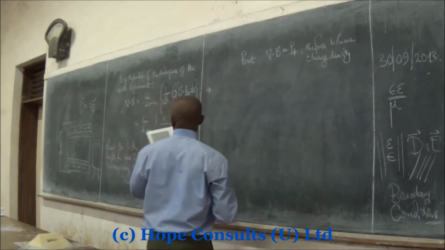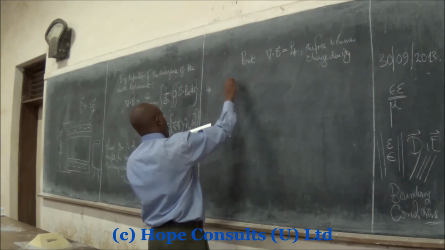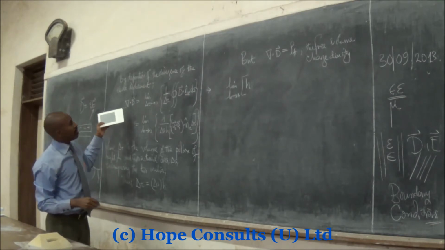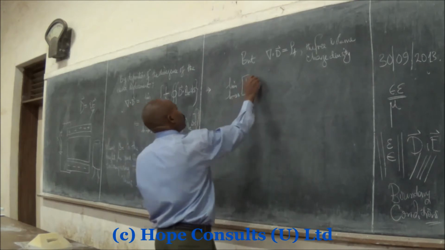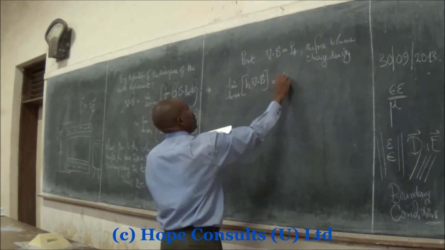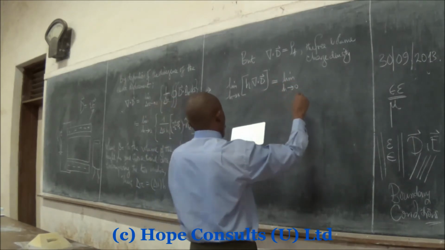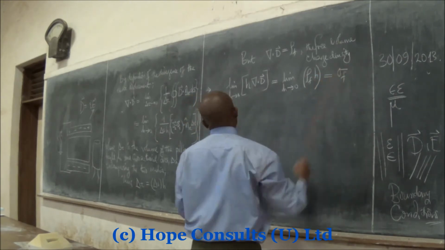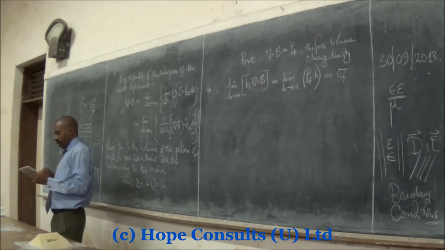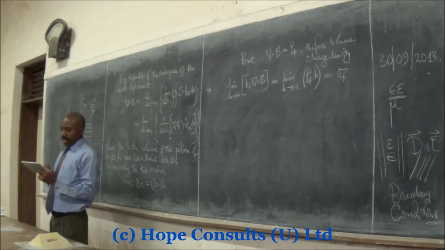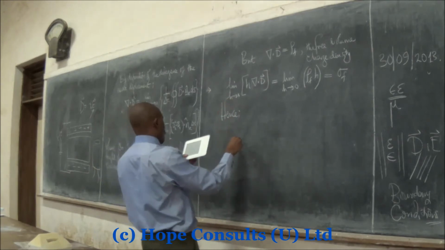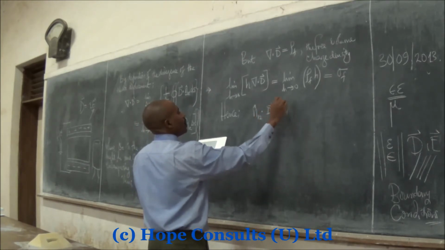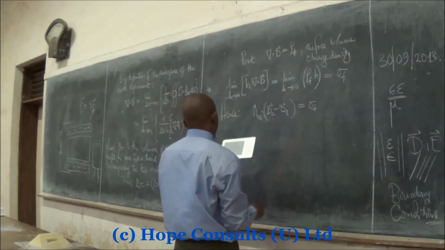So that means our expression will now become: the limit as h tends to 0 of h times the divergence of D is equal to the limit as h tends to 0 of rho f times h, and this should be equal to the free surface charge density, and hence I can comfortably say that n12 dot (D2 minus D1) is equal to sigma free.